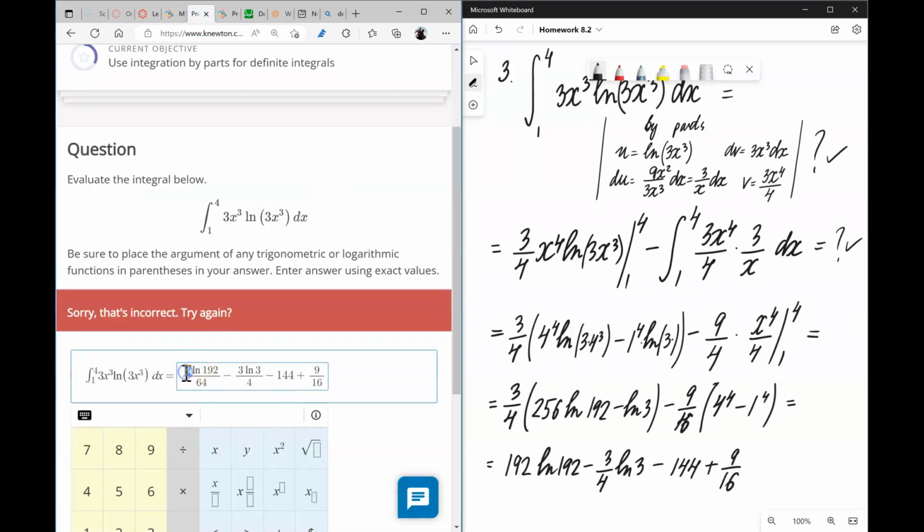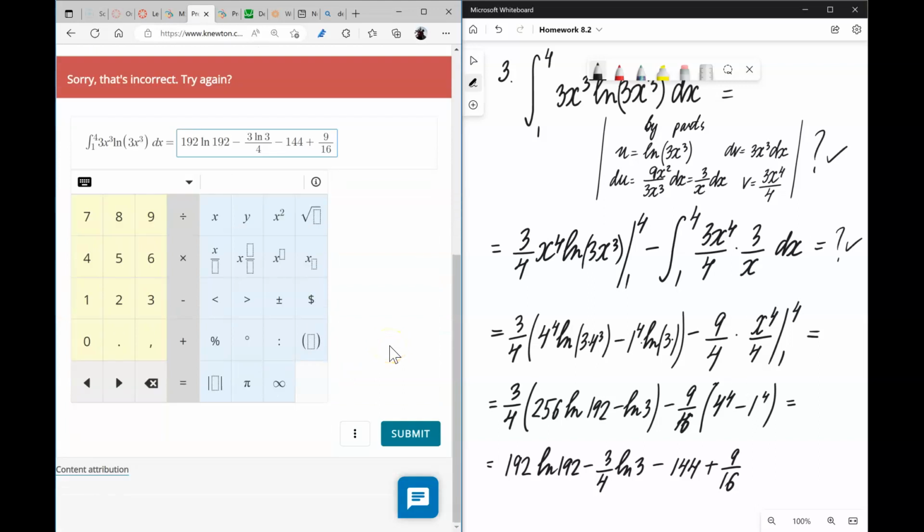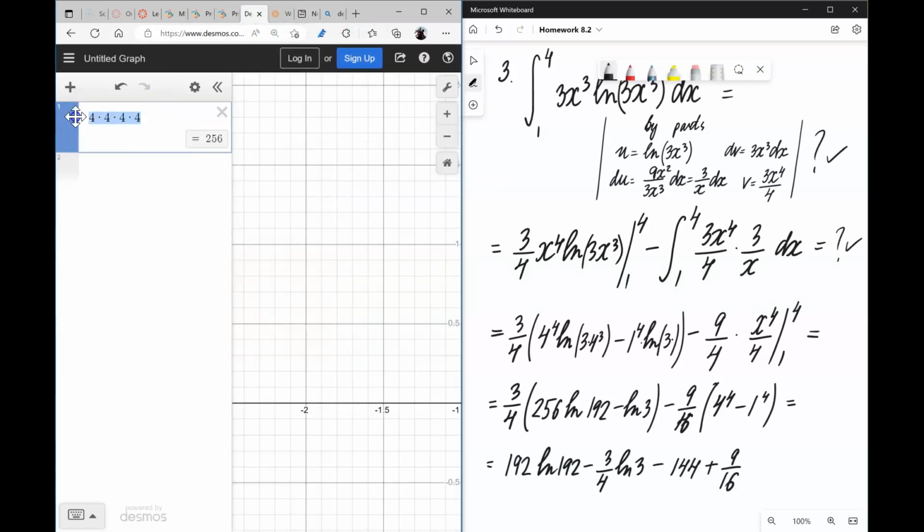So we're going to take this and type 192 here. We're going to remove 64, and hopefully this is right. Actually, I'm not going to plug it in right now. I'm going to verify this with Desmos, because I'm really not into redoing this problem. Let's find the answer. Desmos won't tell me how to do this problem, but it will tell me the answer.